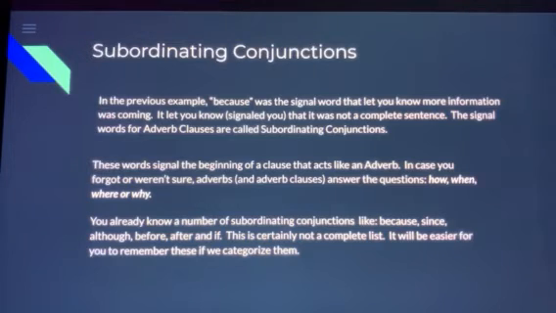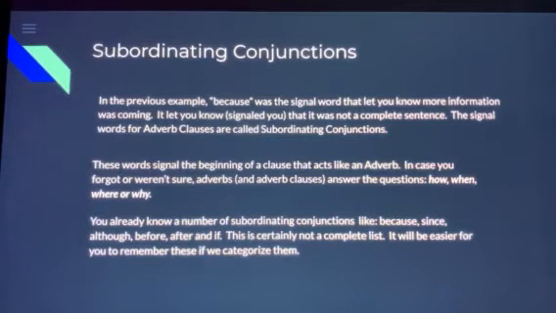Okay, so subordinating conjunctions. In the previous example, because was the signal word that lets you know more information was coming. It signaled you that it was not a complete sentence. The signal words for adverb clauses are called subordinating conjunctions.